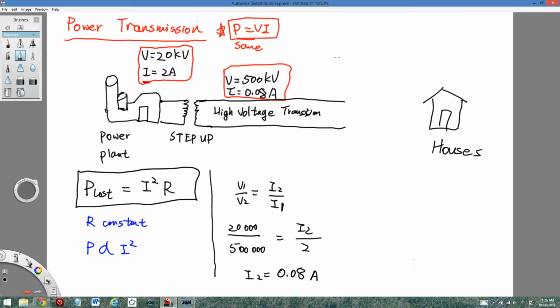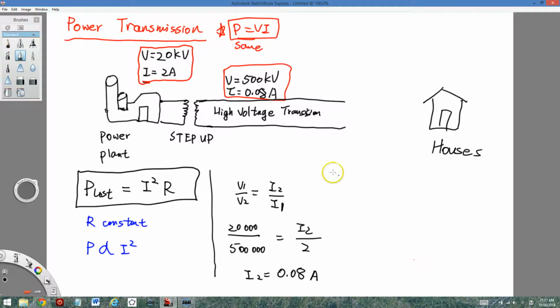however, the voltage is high, but the current is very low. Okay? That's why we want it. So then assume the wire, say maybe a 10 km wire or 100 km wire.